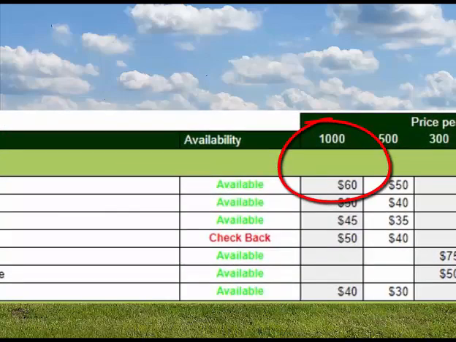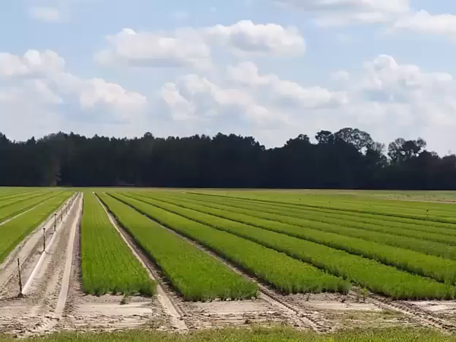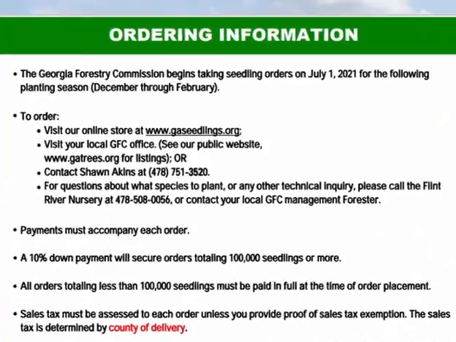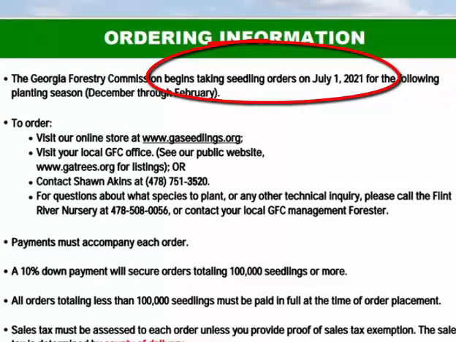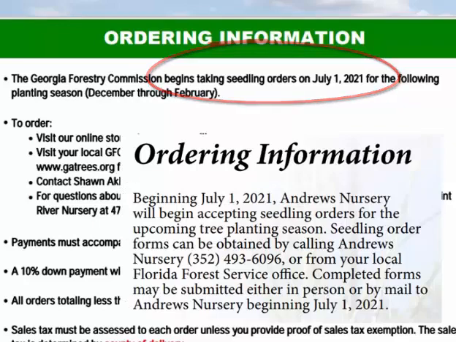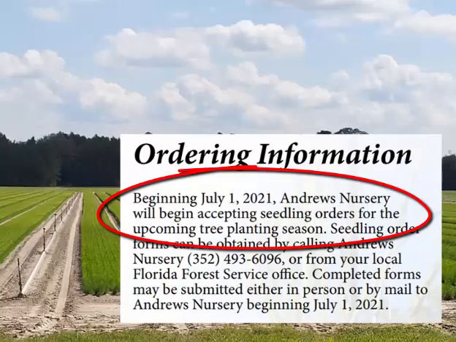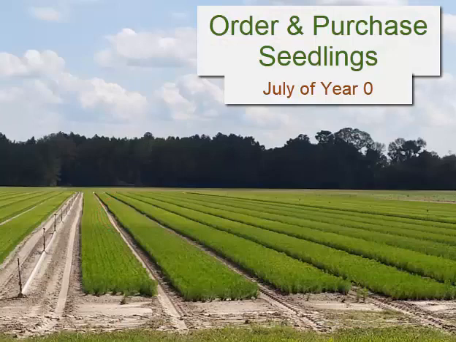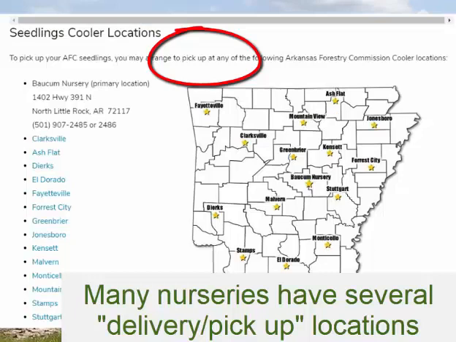Many nurseries will allow you to start ordering seedlings in June, July, August for the upcoming planting season of December 1st to March 1st, or in some cases November to April. So we will order, purchase, pay for the seedlings in July for the upcoming planting season in January, when we will actually pick up or have the seedlings delivered.